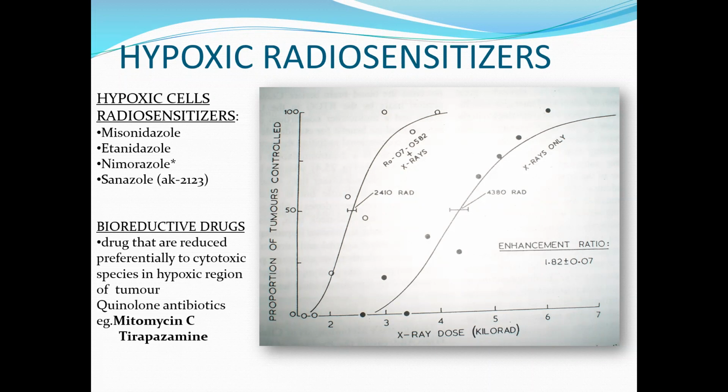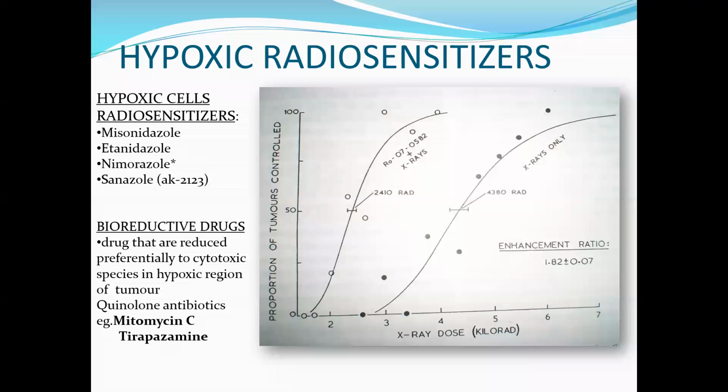What these cells do, they bide their time. They are neither multiplying nor dying. These hypoxic cells are the ones responsible for failure, because when you're done with your radiation, they are the ones which are surviving.